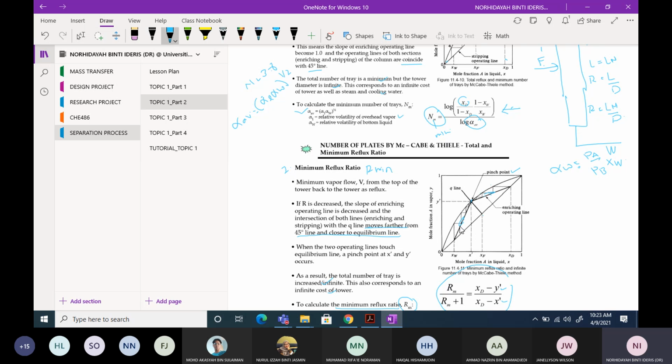The enriching and stripping lines move away from the 45-degree line as much as possible, until these two operating lines touch the equilibrium line. Here is what we call the pinch point. Later in part 5, when you take process integration, you will discuss the meaning of this pinch point and its effect. At this pinch point, you will have X prime and Y prime.